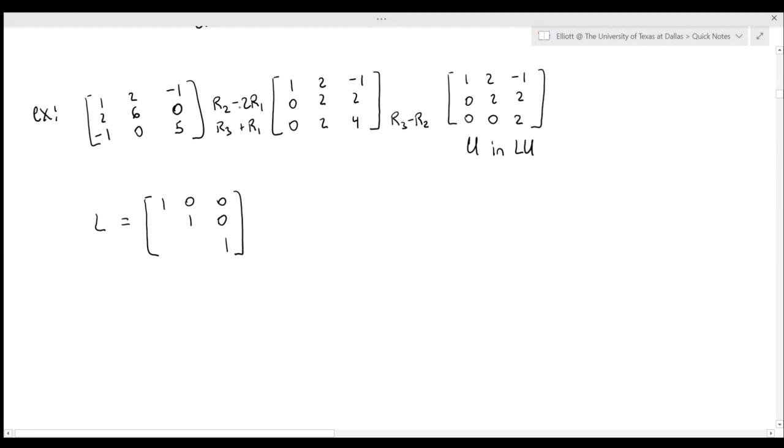And then looking at your row operations, take the opposite of these coefficients, or if you will, take the multipliers, put them into the corresponding entries of L, and that gets you the lower triangular matrix. And again, remember that this works for both LU and also LDU.